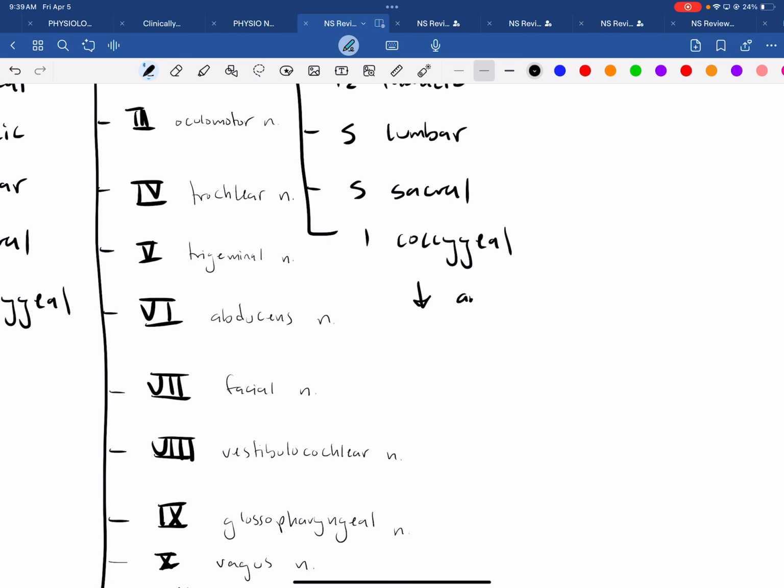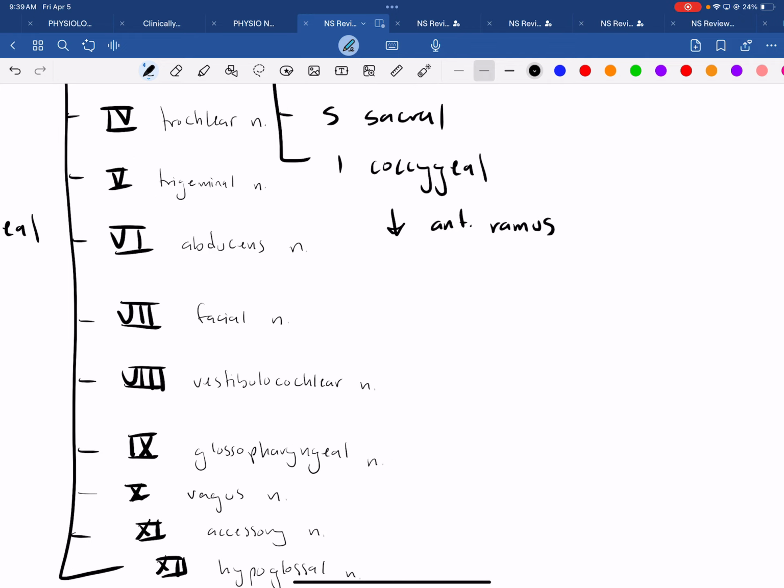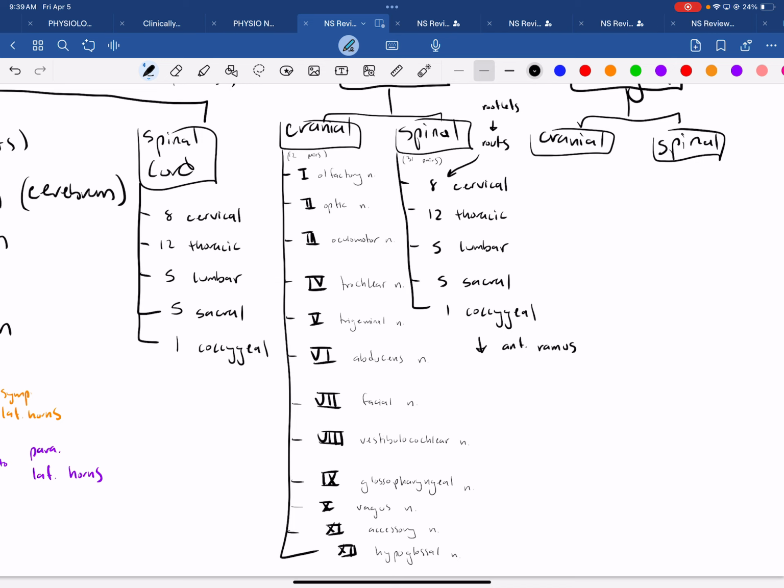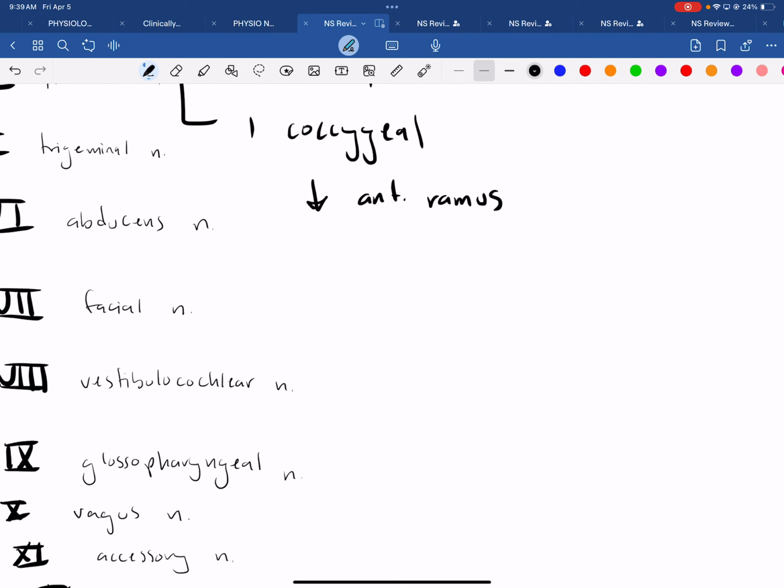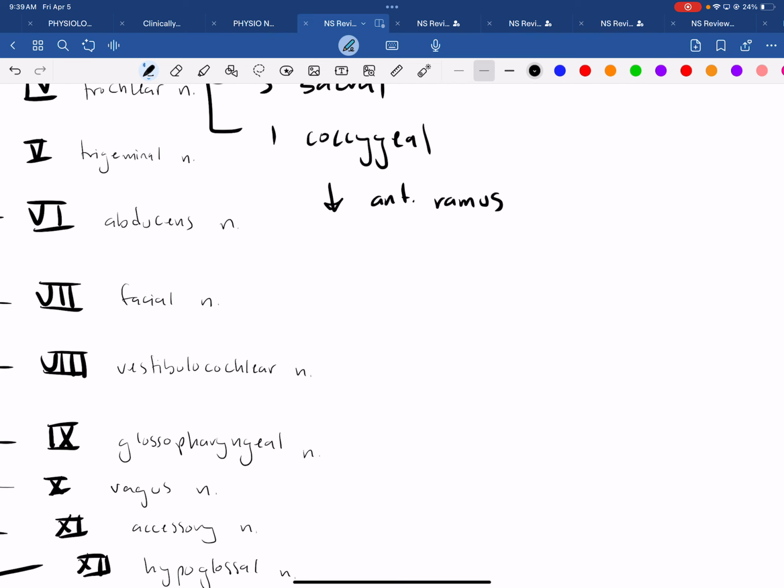So let's follow the anterior ramus. What comes off of the anterior ramus? There are different types of nerves. This one I'll just explain to you because this is the autonomic nervous system. Coming off the anterior ramus, let's split it up like this.